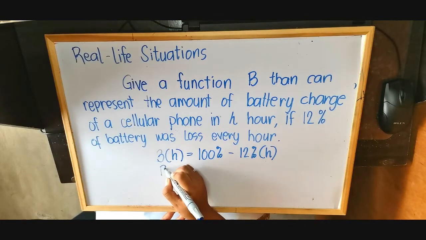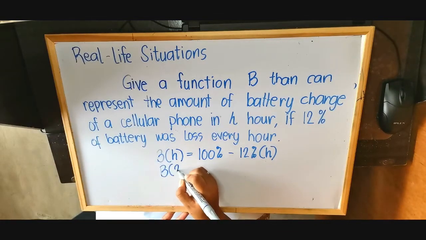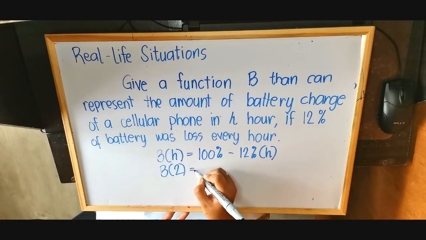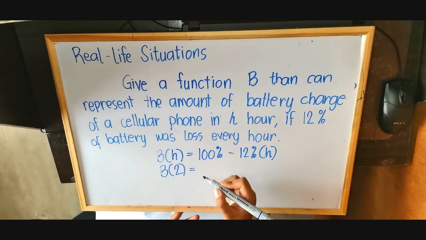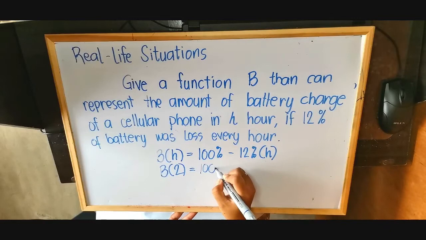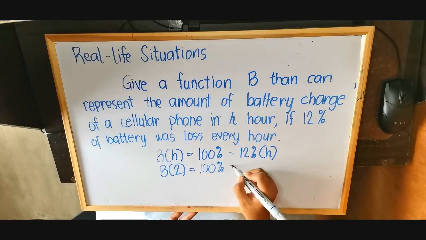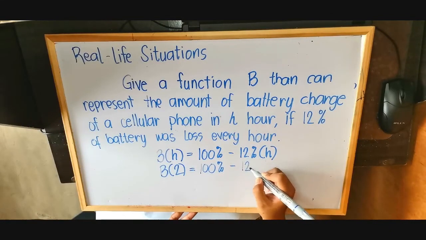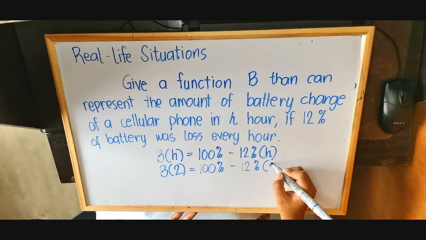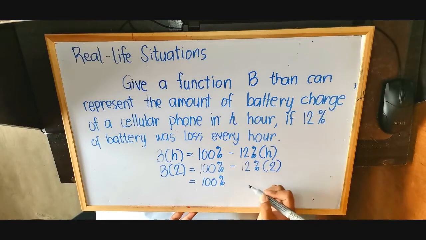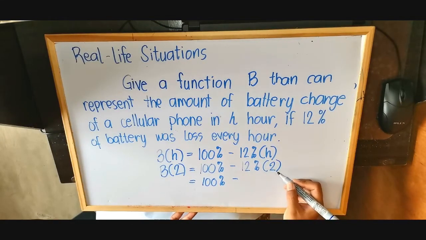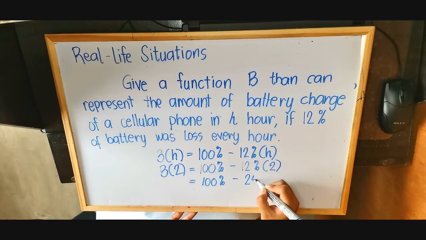So let's say we have b of 2. Dahil nga sabi natin, 2 oras nyong ginamit yung inyong cellphone. So, 100% minus 12% multiplied by 2. So we have 100% minus 12% multiplied by 2 is 24%.